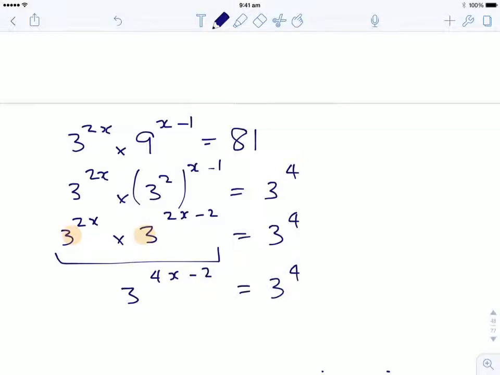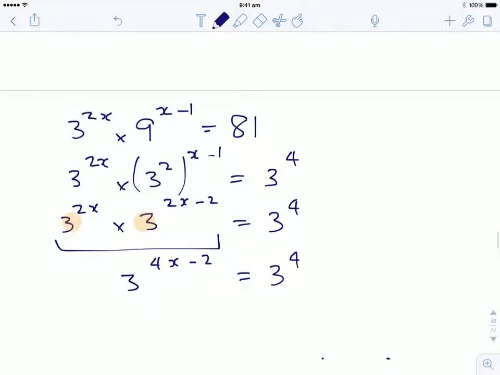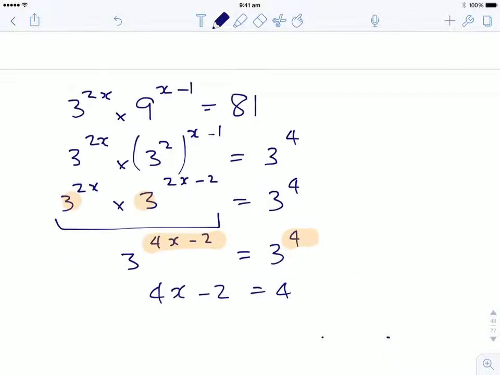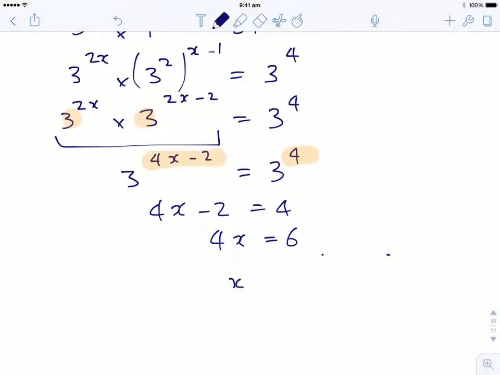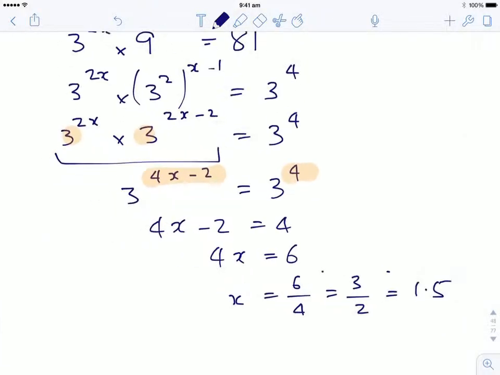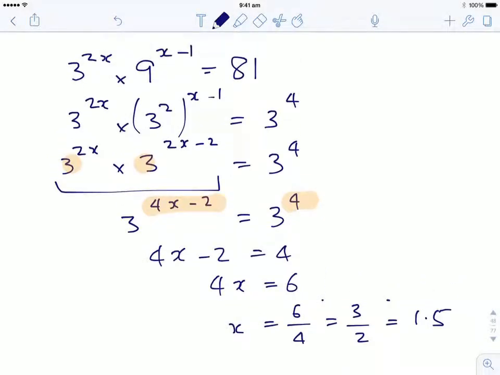And now I've got it in this step where the base is the same on both sides, I can just say that is equal to that. So 4x minus 2 is 4, 4x is 6, x is 6 over 4, 3 over 2, or 1.5. Any of those answers is good for that one there.